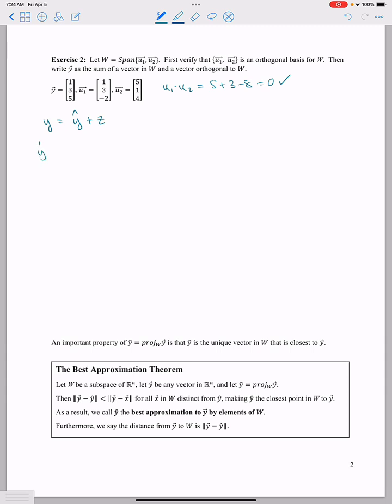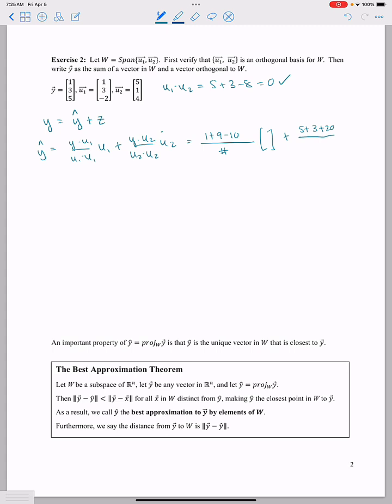And then y hat is going to be y dot U1 over U1 dot U1 times U1, plus y dot U2 over U2 dot U2 times U2. Y dotted with U1 is 1 plus 9 minus 10 over, it doesn't even matter because that's 0. I'm just going to put some number times U1. All right, y dotted with U2 is 5 plus 3 plus 20.